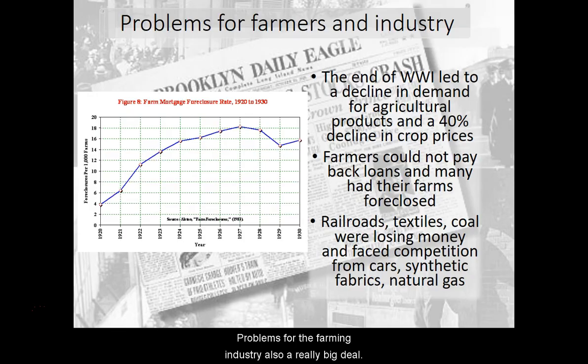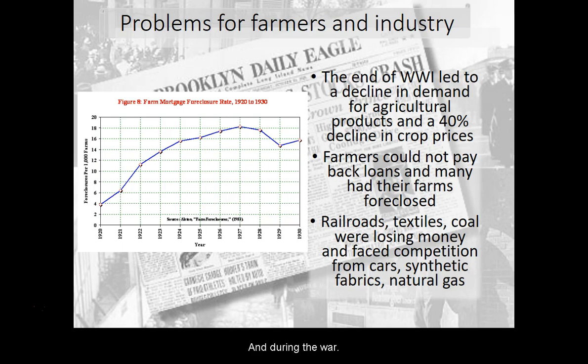Problems for the farming industry also are a really big deal. The end of World War I leads to a decline in the demand for agricultural products. During the war, America itself is not really fighting the war on our homeland. So we're ramping up production of food to be able to not only feed our soldiers, but feed our allies' soldiers.